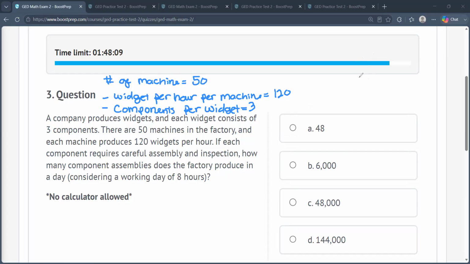So all you've got to do is multiply everything out. So the total component, that's all it is.